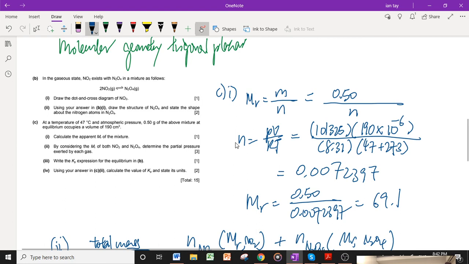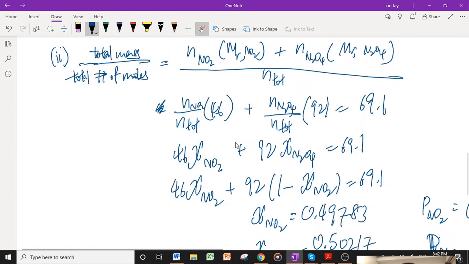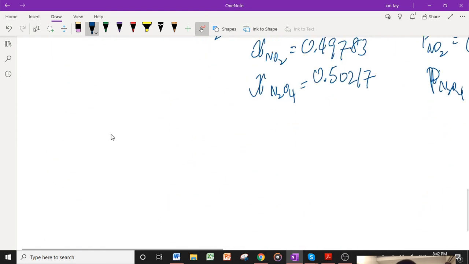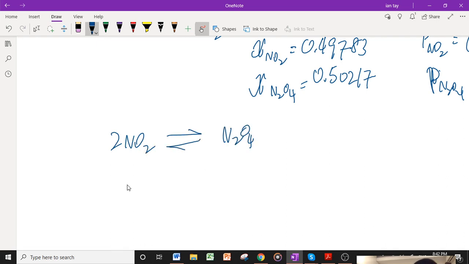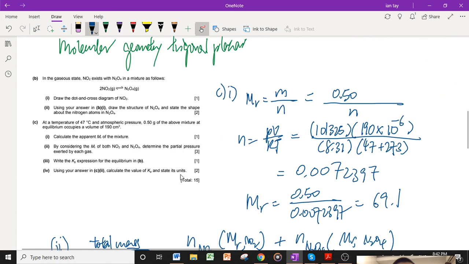And let us write the Kp expression for the equilibrium in B. So of course, what is the equilibrium? It's 2NO2 in equilibrium with N2O4, correct? So the equilibrium constant in terms of partial pressure should be partial pressure N2O4 divided by partial pressure NO2 squared. And what will be its value at this temperature, and state the units.